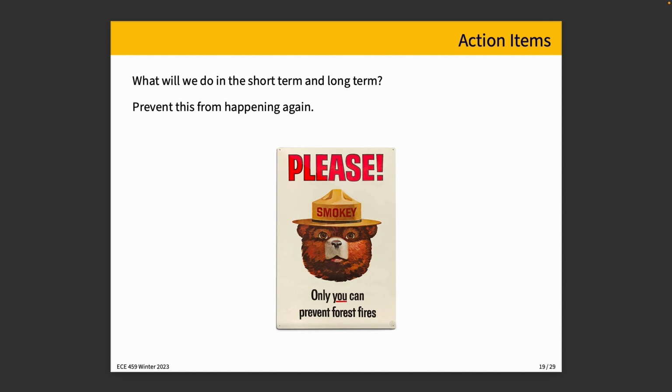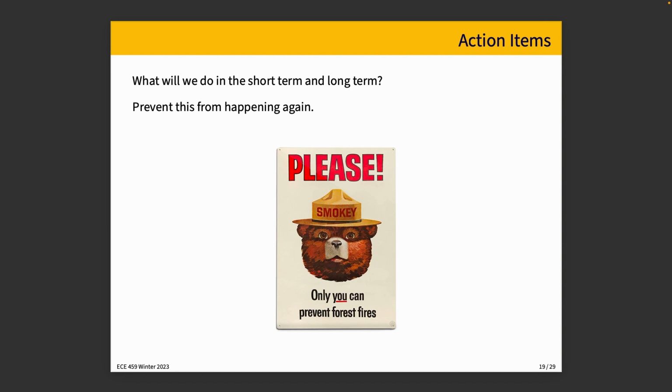So what do we do in the short term and the long term? All right, we need to make some recommendations as the author of a report that says these are our action items, these are the steps that we're going to take to prevent the problem from happening again. Sometimes it's very simple, we just fix a bug, maybe monitoring and alerting needs to be improved, but ideally we can think of something that prevents this kind of problem from happening again.